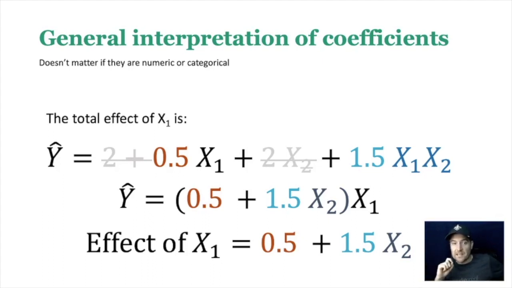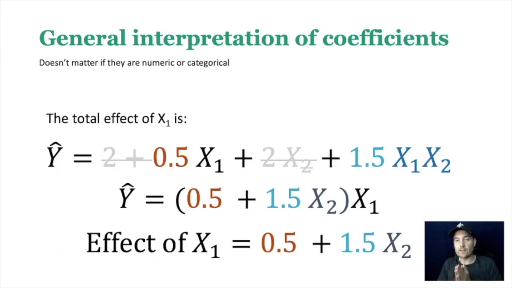What that means is that the effect of x1 is 0.5 plus 1.5 x2, which means that it depends on the level of x2. If x2 is 0, then we just plug in a 0 where that x2 is, and we get 0.5 plus 1.5 times 0, which is 0.5. Like we mentioned before, the effect of x1 when x2 is 0 is just 0.5.